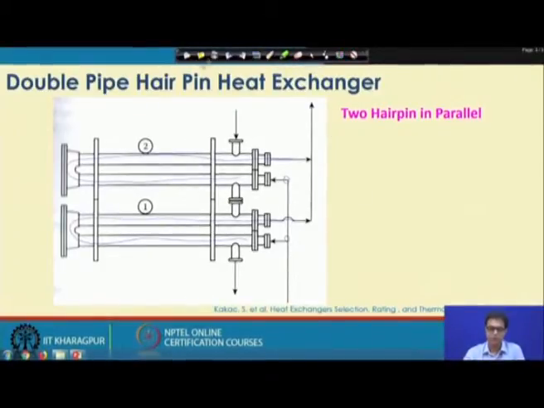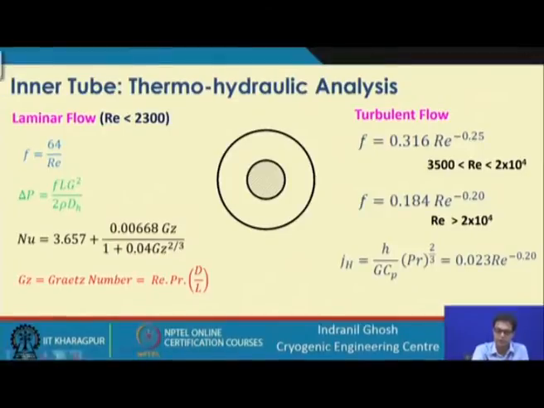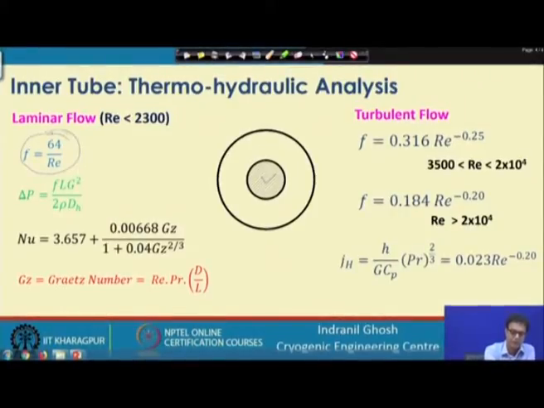Now, if we look into the analysis part of this double pipe heat exchanger, for the inner pipe or inner tube, we have already talked about the heat transfer coefficient. For the inner tube, we have f equals 64 by Re, and the delta P is related to this friction factor by the relation f L rho v squared by 2 d_h, whereas the Nusselt number is given in terms of the Graetz number.